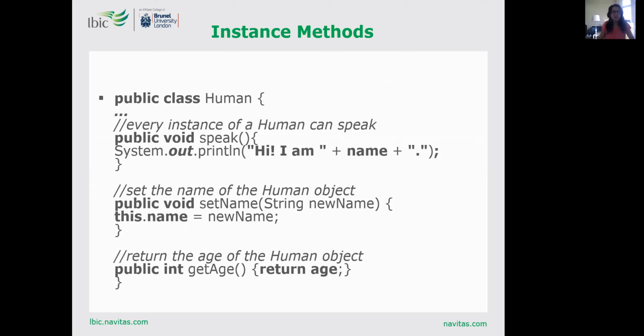A class defines methods. Any object constructed from the class can be performed based on the method. These methods are referred to as instance methods because they can only actually be performed by an instance of the class.